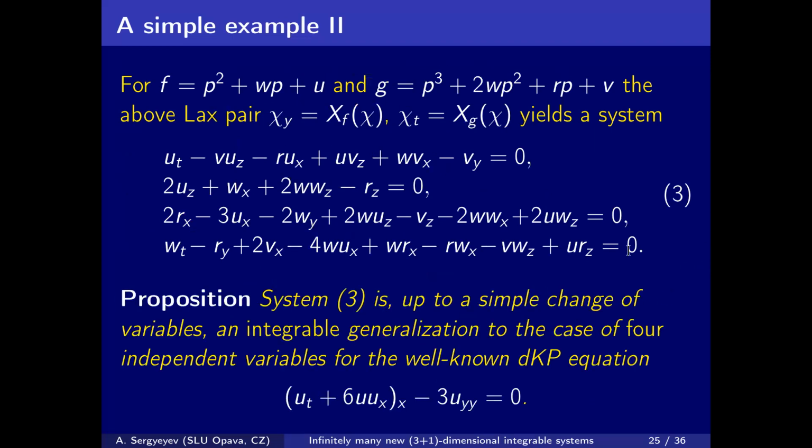What is interesting about this system is that, up to some simple rescalings, it is actually an integrable generalization to the case of 4 independent variables of the DKP equation which we have seen before.